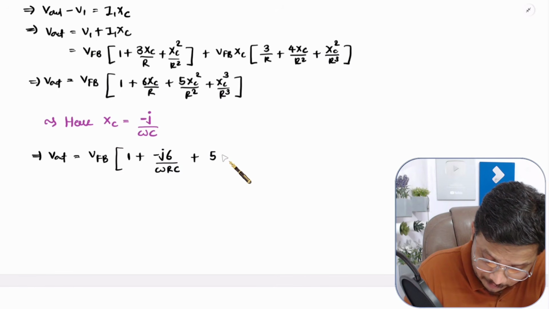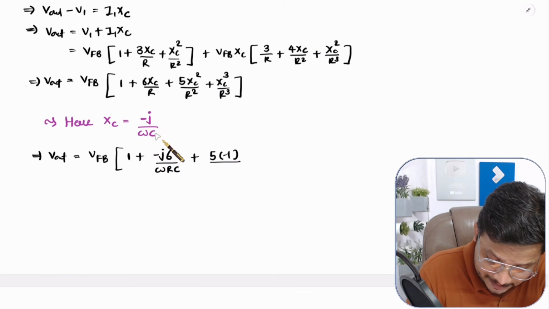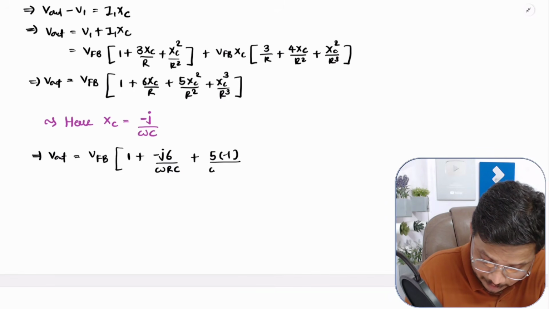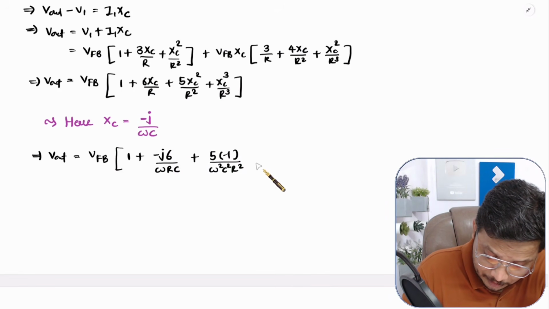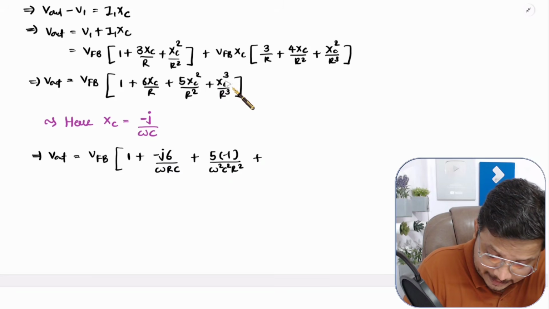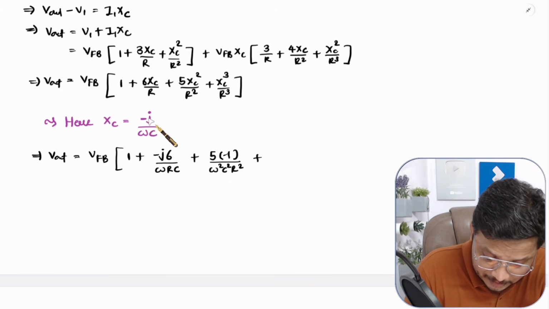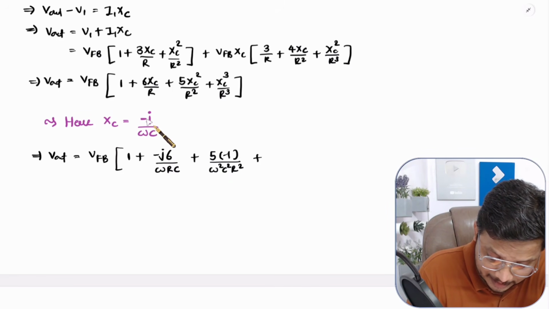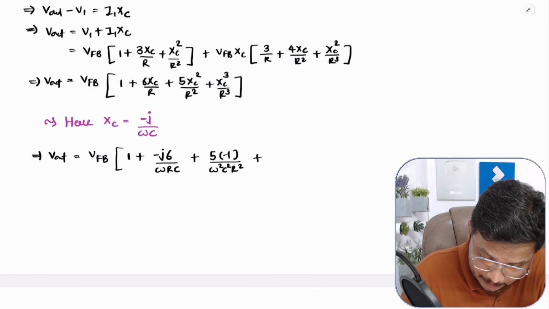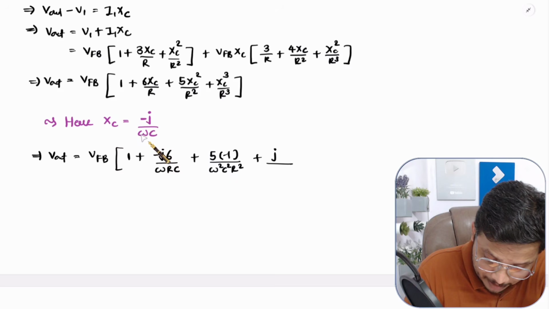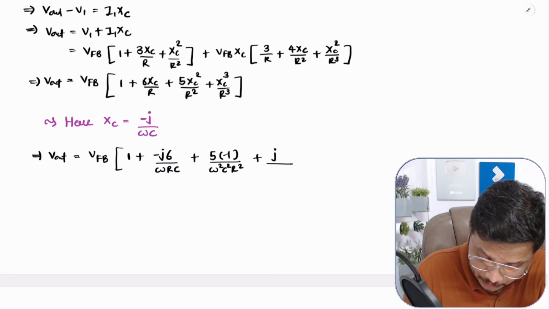So minus 1 will be there over here in numerator, and in denominator omega square c square into r square. And with this term we have Xc cube. Xc cube means minus j square, right? So that is minus 1 into minus j, so that will be plus, right? So here we will be having plus j in numerator. In denominator we will be having omega cube c cube into r cube.